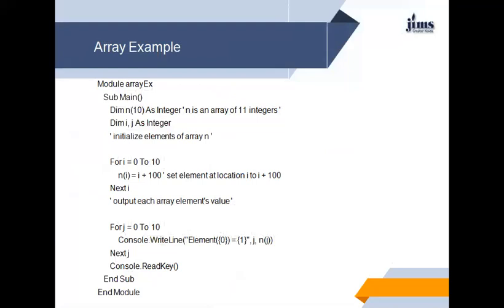Again, Next is there. Just concentrate on this array n(j), meaning it will print the jth position and the value of the array. So this is For Next. Then Console.ReadKey is used when you press any key that will end the program. Then End Sub, End Module, like this we will use.